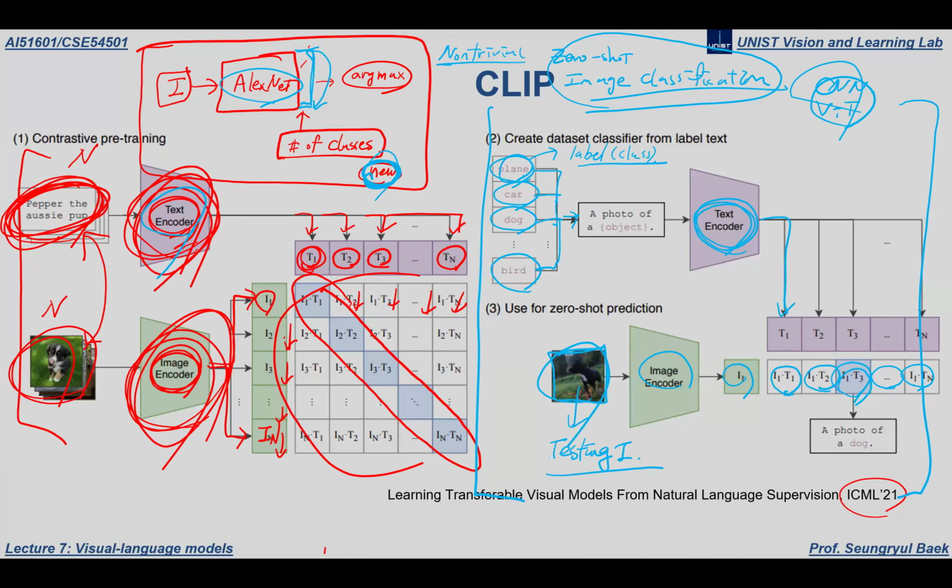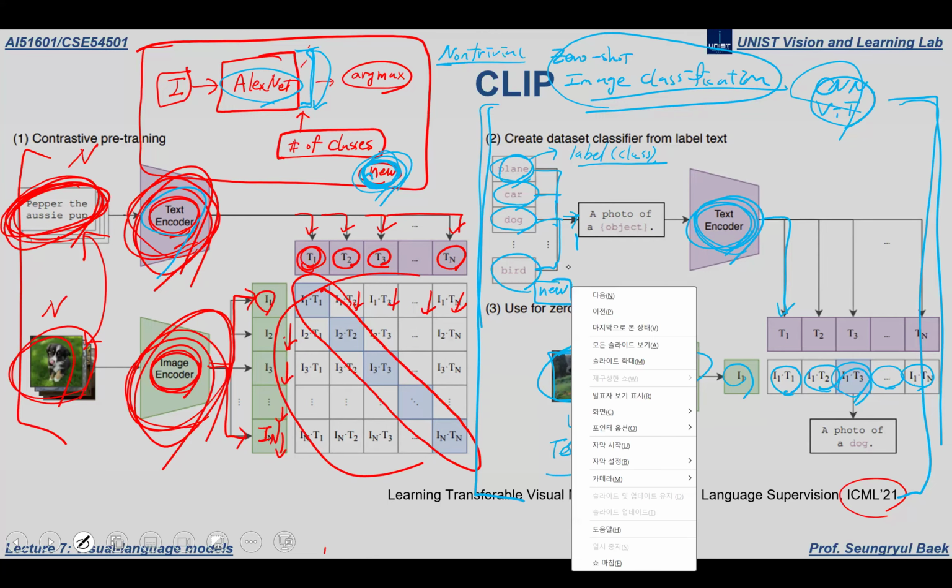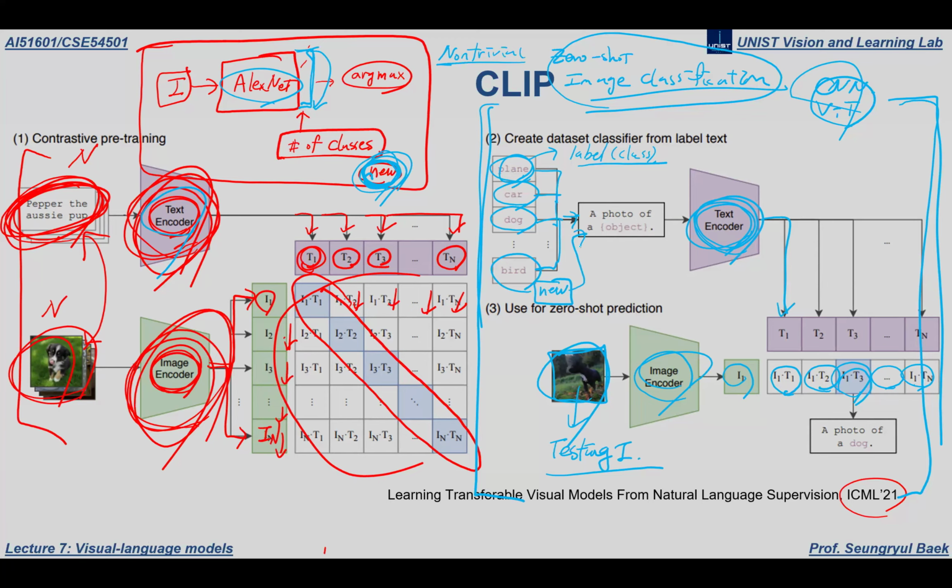So in this setting, we can do image classification involving both the text encoder and image encoder. If new classes appear, we can simply add that new class information as new text, extract the text feature for that new class, and additionally compare it.